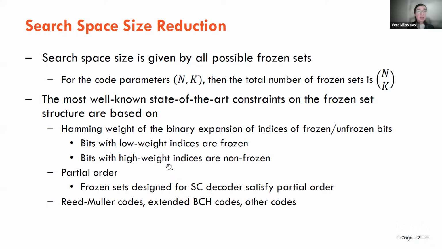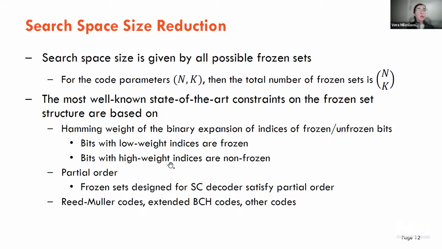Of course, a lot of research has been done to reduce the search space size, that is, to impose constraints on the frozen set structure such that our good codes would be preserved, and at the same time, the search space size would be as low as possible.